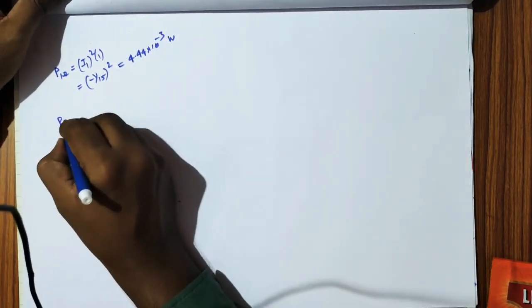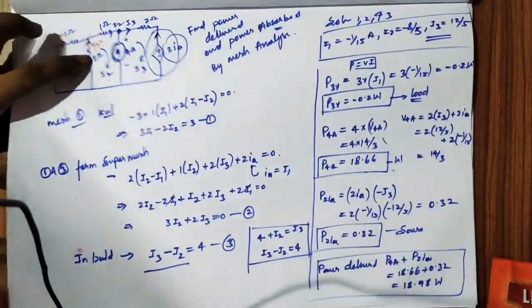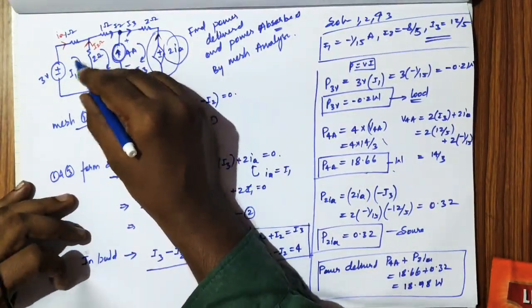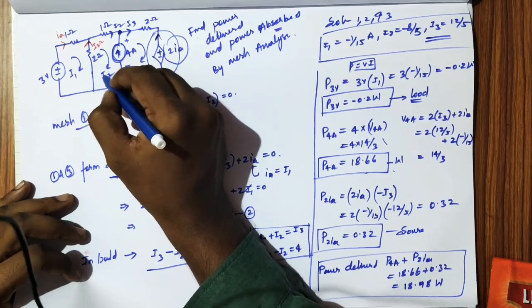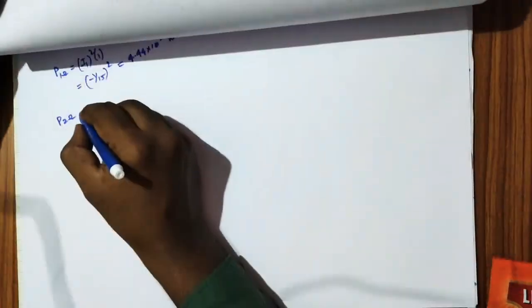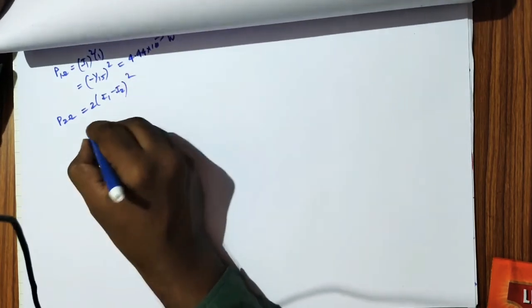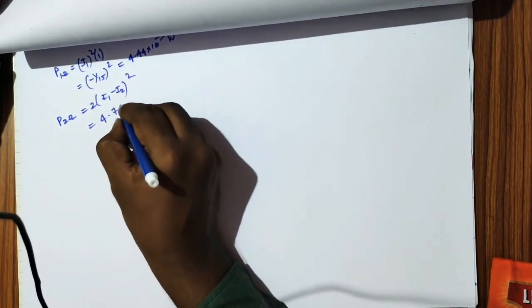The power dissipated by this 2 ohm, the current flowing through this 2 ohm is I1 minus I2, whole square, or I2 minus I1 whole square. You will get 2 into I1 minus I2 whole square, that is the value of 4.7 watt.